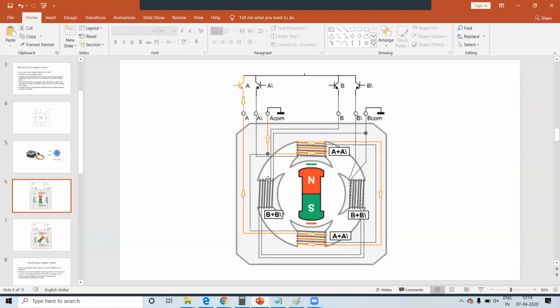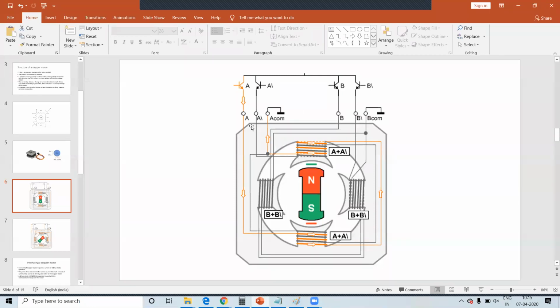There is a permanent magnet, which we call a shaft. 4 different electrical coils or windings are connected in this way. The 2 opposite windings are connected to the same inputs, which are called A and B. One side of the winding is connected to A, another side of the winding is connected to A slash. Similarly, B and B slash.